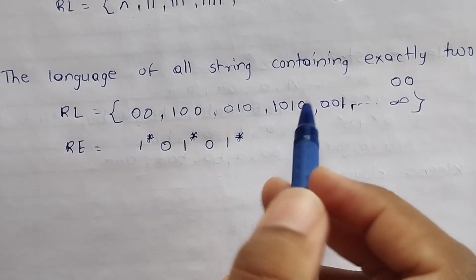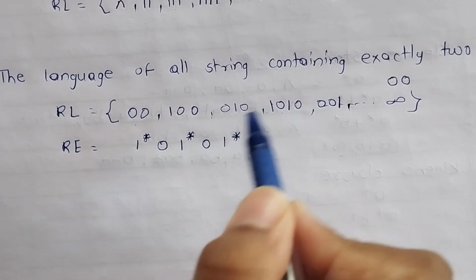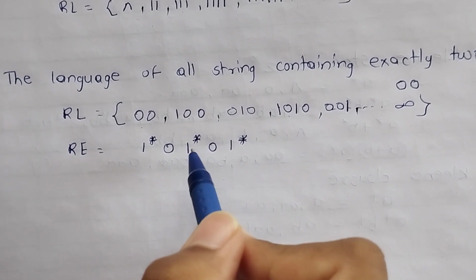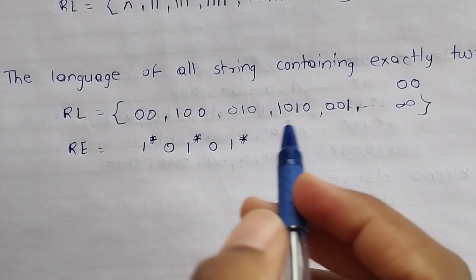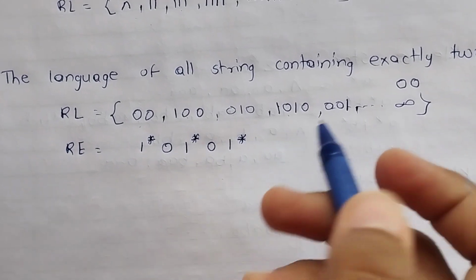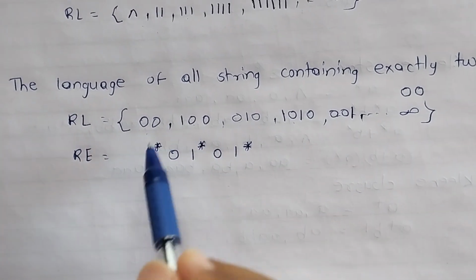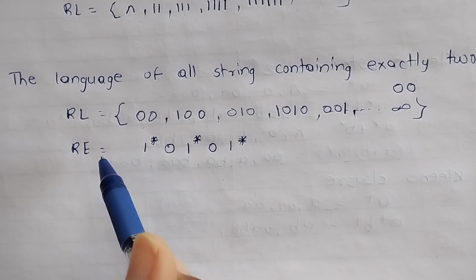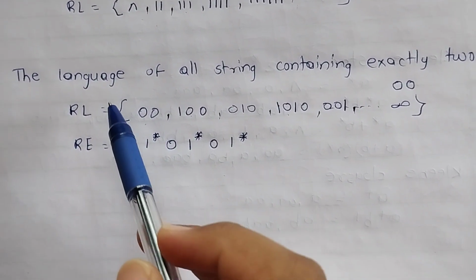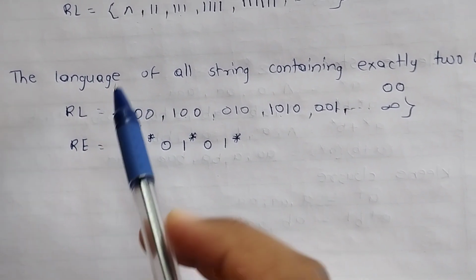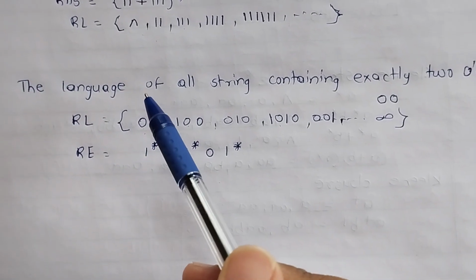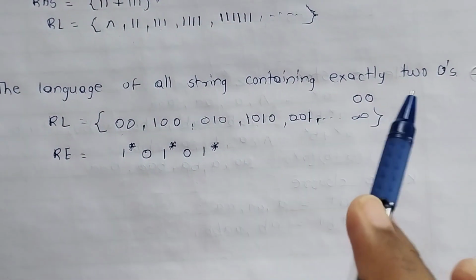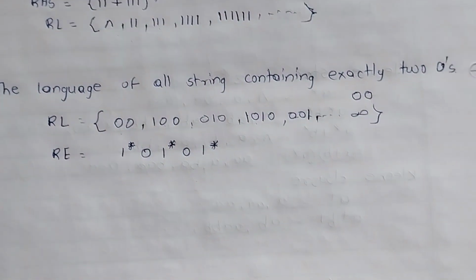Again, if we consider this string, we take 1, then 0, then 1, then 0, and the last one is null. So we cover all possibilities in this regular expression. This is the regular expression for that regular language, and it gives the result for the statement: the language of all strings containing exactly 2 zeros.